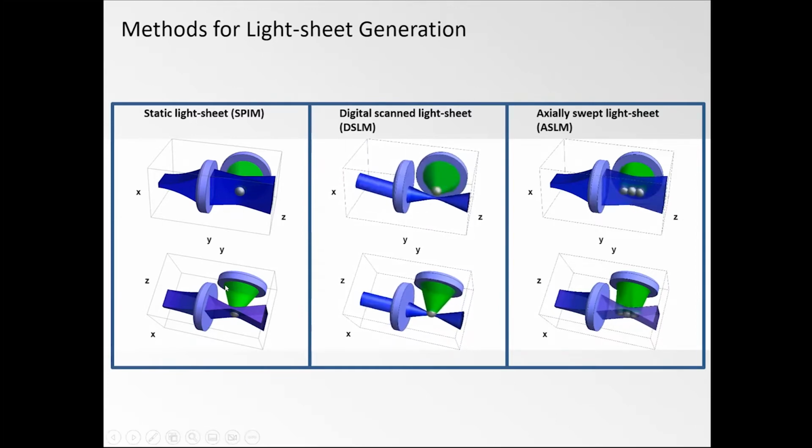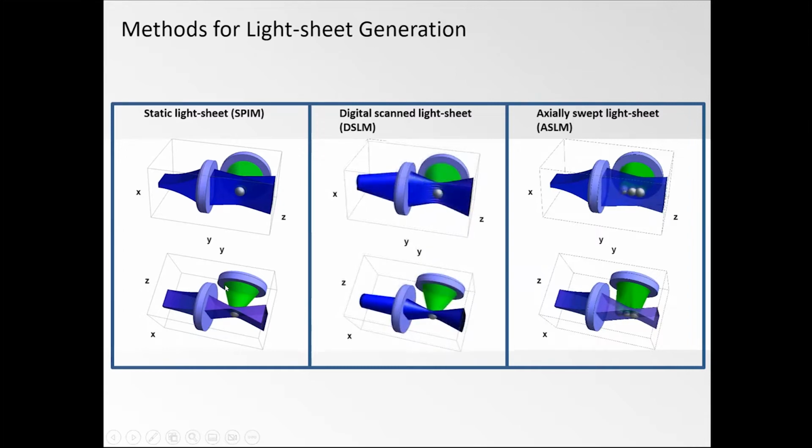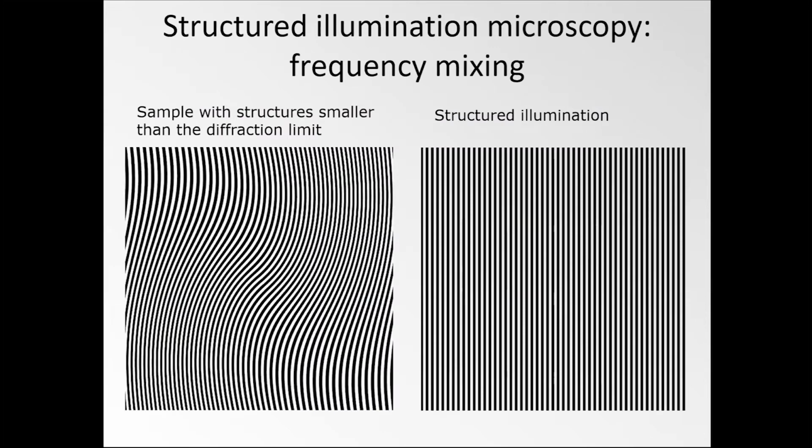So let's maybe leave that for the light sheet part and talk a little bit about what is structured illumination microscopy. So the second ingredient, or the second technique I want to talk about. So assume here on the left, these fringes were your sample, your sample structure, or more specifically, your fluorophore distribution.